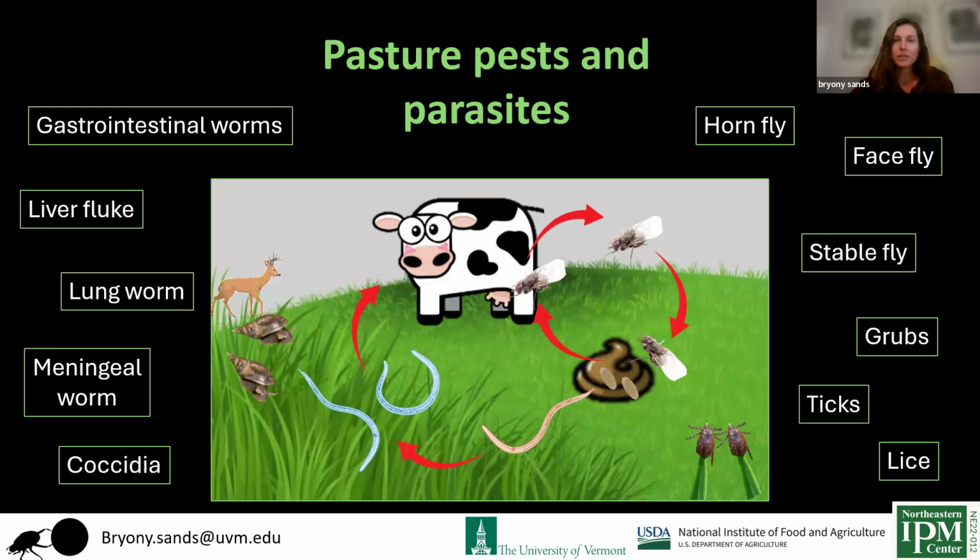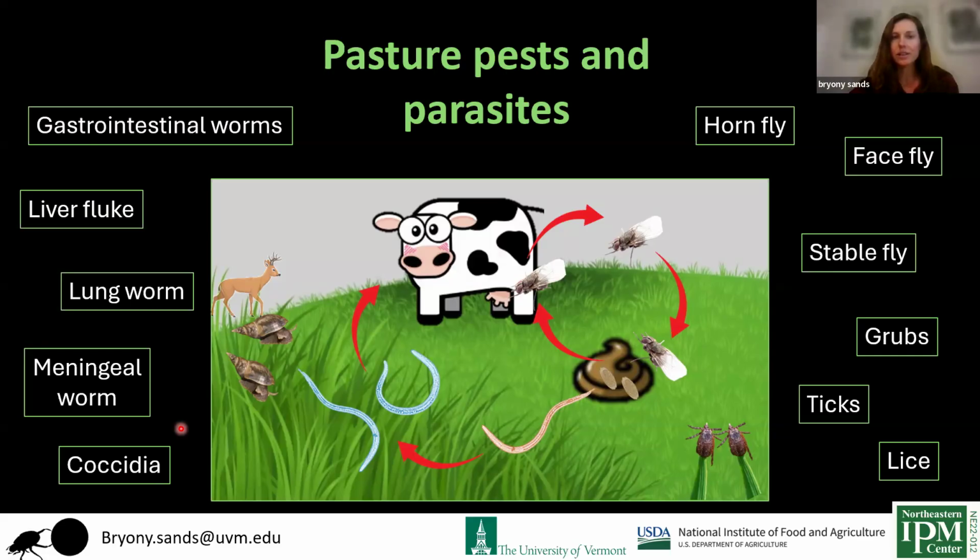So these are the main pests and parasites for cattle that we find out on pastures. As I said, last week we discussed the external stuff, so the stuff on the right. This week we're going to be focusing on these: gastrointestinal worms, liver fluke, lungworm. Not going to talk about meningeal worm because that's more for small ruminants, but we will discuss coccidia.